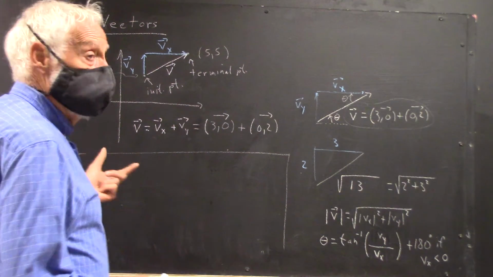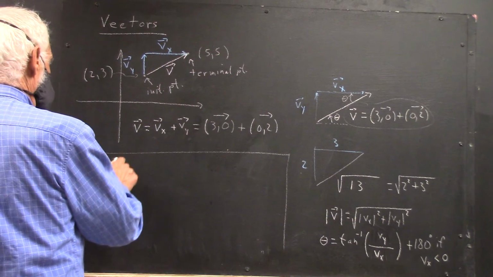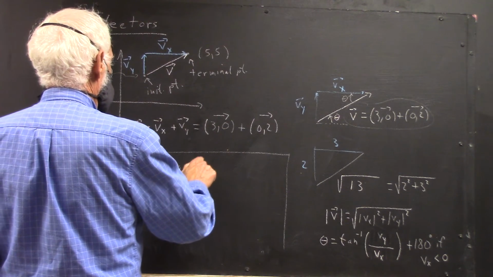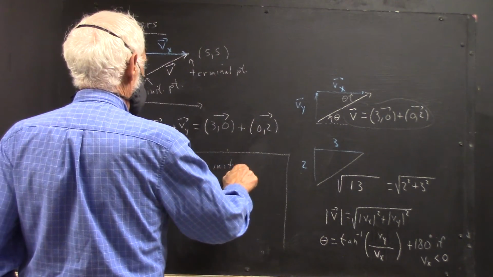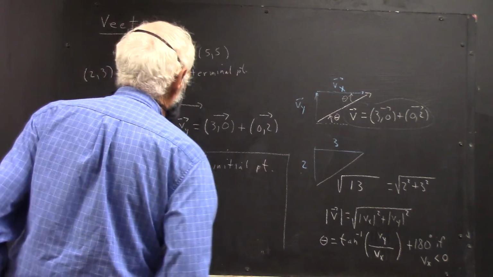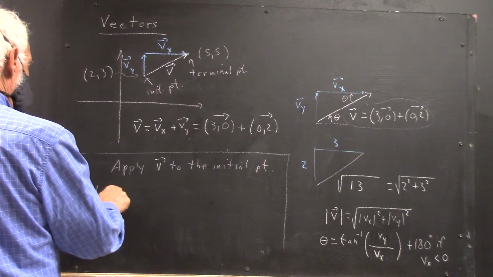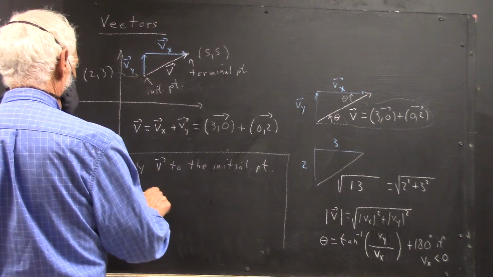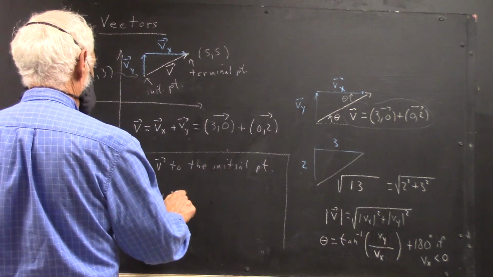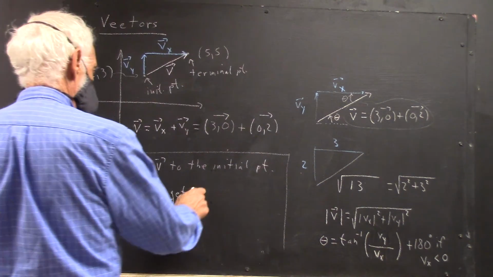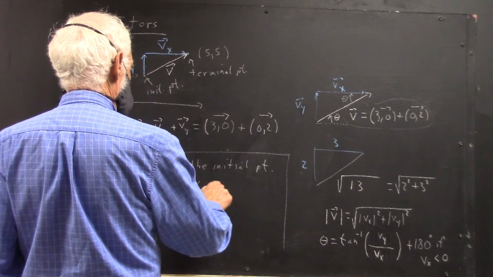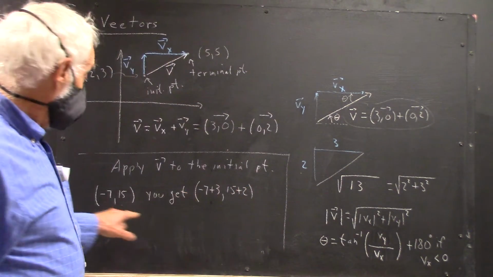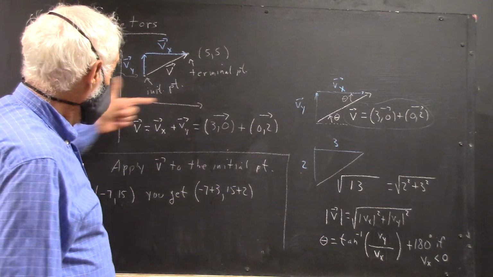And the vector can be applied to any point. So if you apply V to the initial point, -7, 15, you're going to add 3 to the x-coordinate and 2 to the y-coordinate, because that's what the vector does.